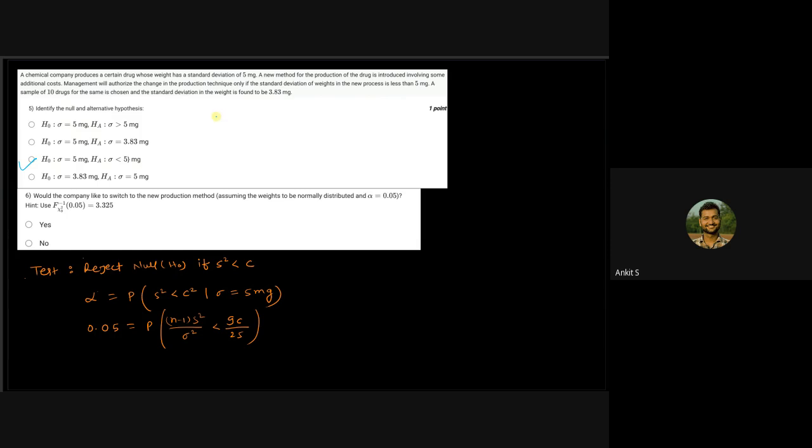So as usual, you have to first consider how much confident you want to be about the result. So here it's already given alpha is equal to 0.05. It's okay if you are only 5% confident about it. So corresponding to this, you will get some critical value. You will compare this critical value with this value 3.38.